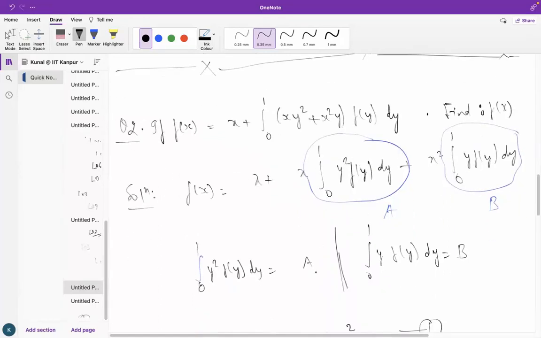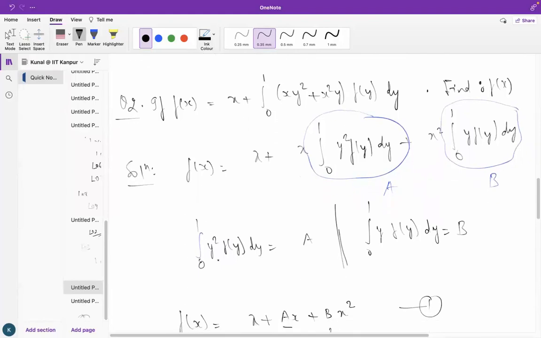And what I'm assuming is that the integration of y square f of y from 0 to 1 will be something a. And when we integrate the function f of y from 0 to 1 with respect to dy, its value will be something b.